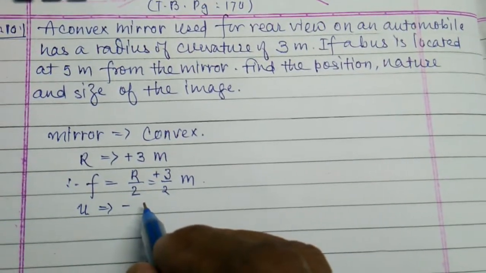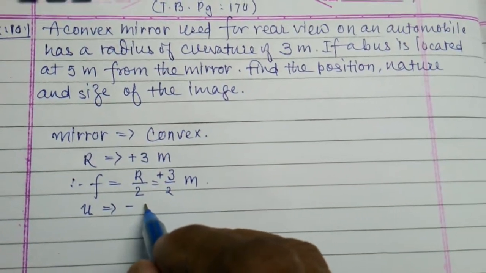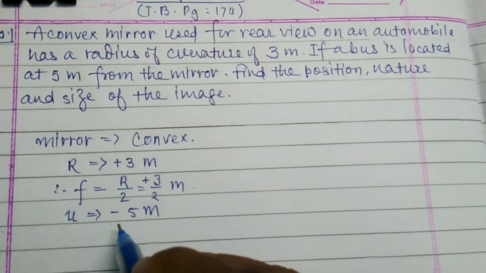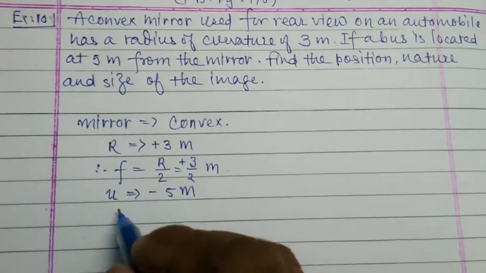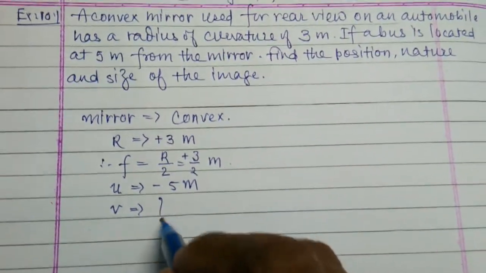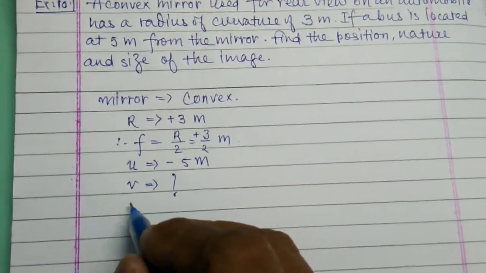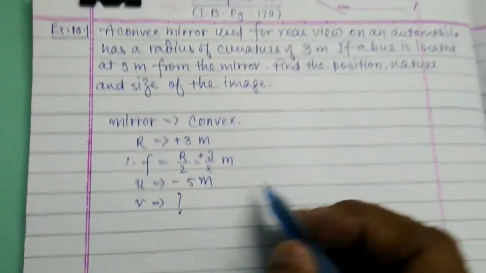So we have this distance as negative. Find the position, nature and size of the image. So image position means distance of image, and size of image.